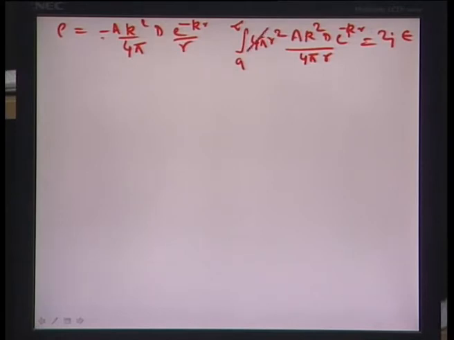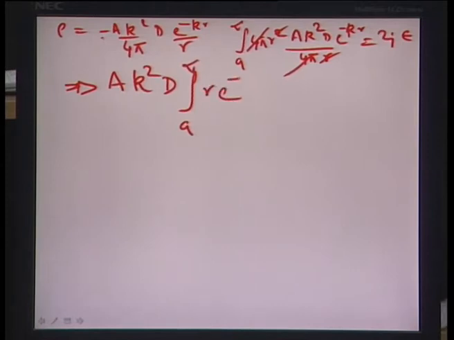So, this 4 pi goes away, there is a first power in r which is retained here, and what we are left with is A k square by d, integral a to infinity r e to the power of minus k r, equals Z I epsilon.